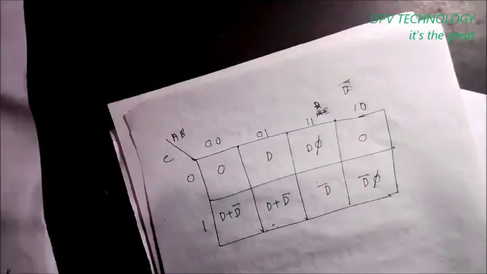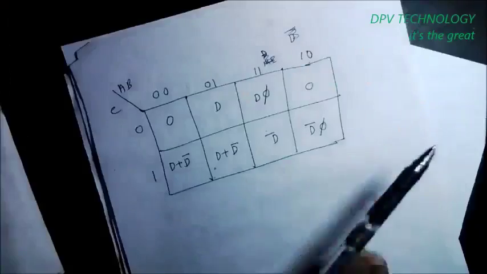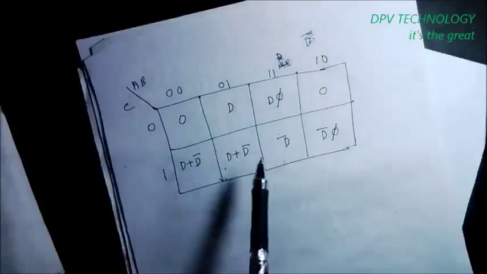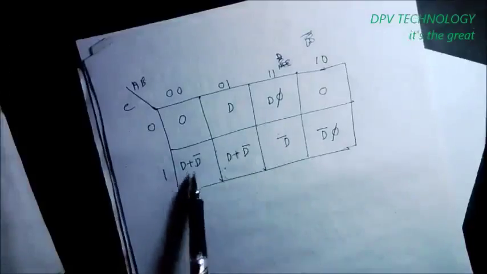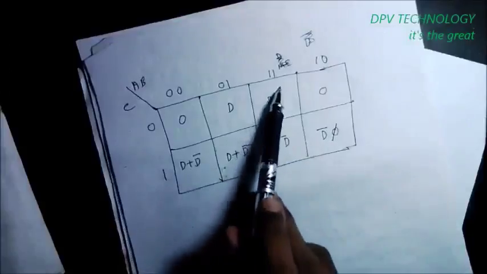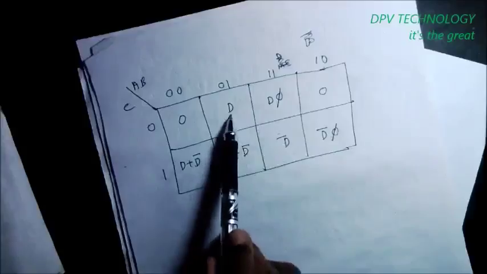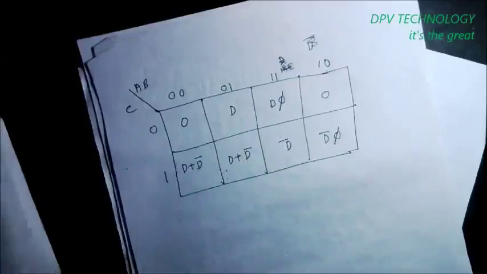So which are the single MEV here? This one is single MEV, this one is also single MEV. These are not single MEVs, these are double, and this is not single MEV because it has don't care. Only this one and this one are the single MEV.